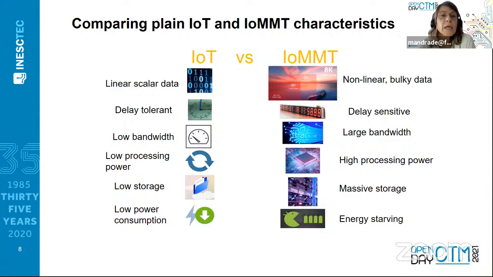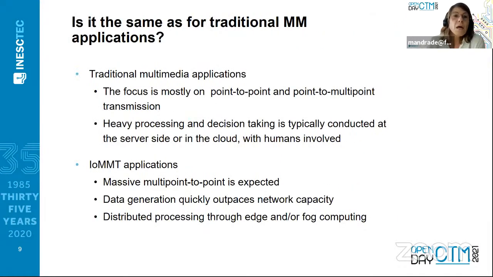And when comparing IoT with IoMMT, we can see the clear imbalance that exists at all levels, basically due to the nonlinear, bulky, real-time, and delay-sensitive nature of multimedia data. Well, at this point, you could say, tell me something I don't know, as these kinds of requirements are typical of traditional multimedia applications and services.